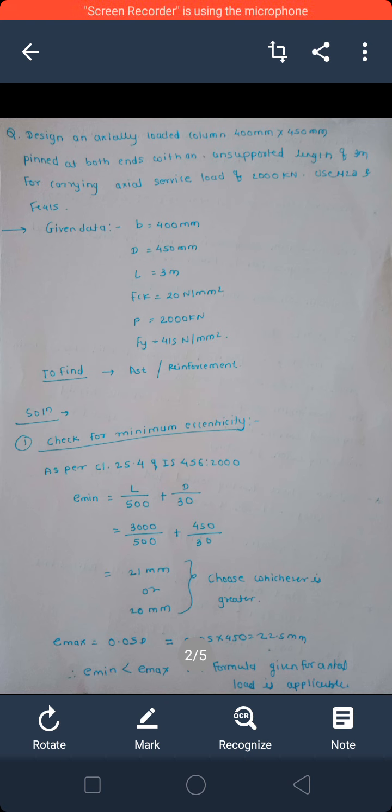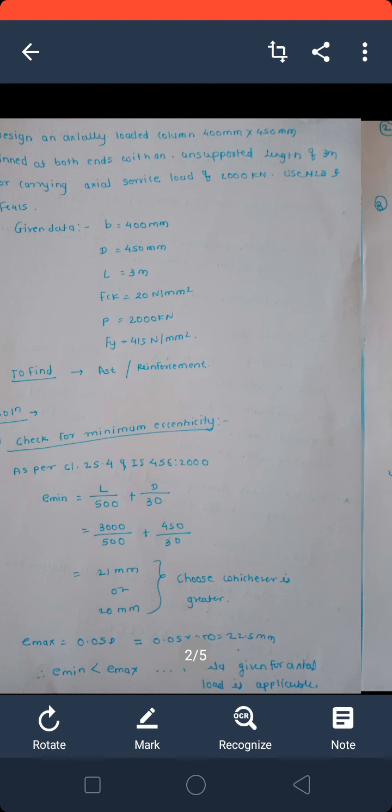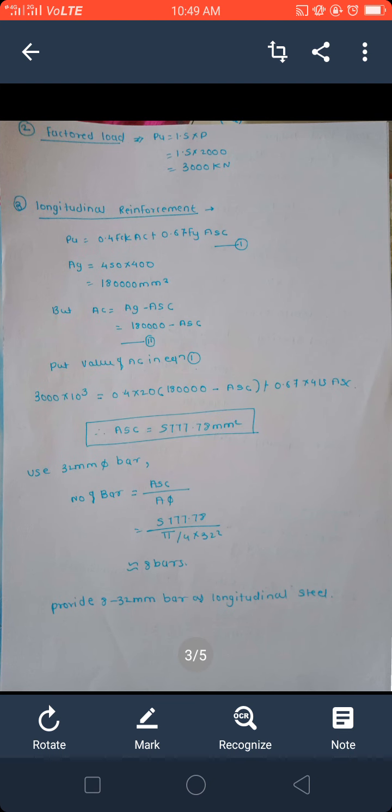Here e minimum is less than e max, therefore the formula given for axial load is applicable. Now we have given a load which is working condition, we have to convert into factored load. So multiply given load by factor of safety, that is 1.5, we will get factored load.